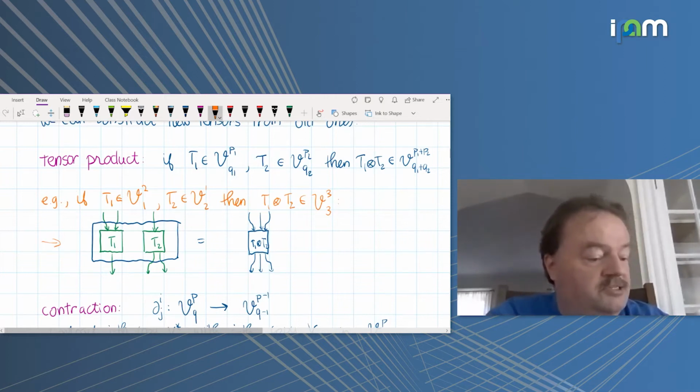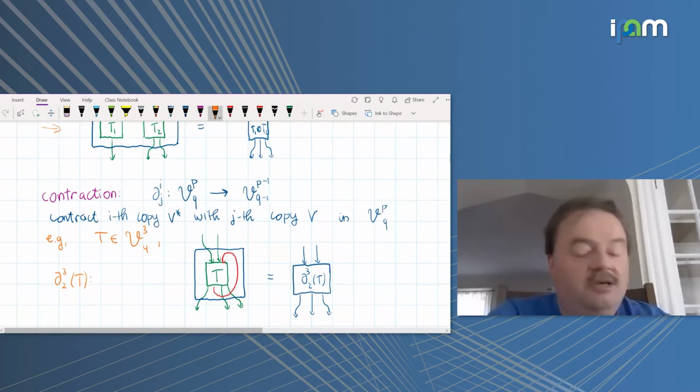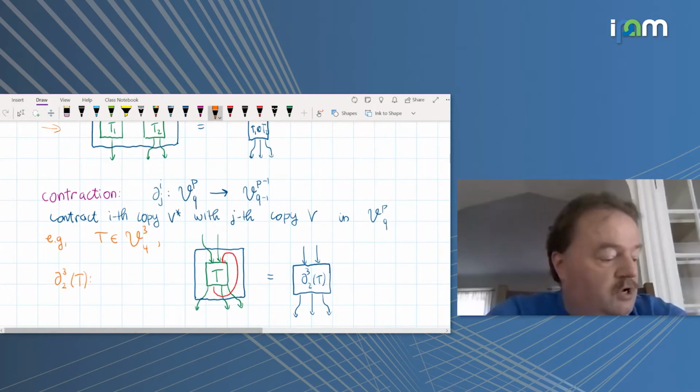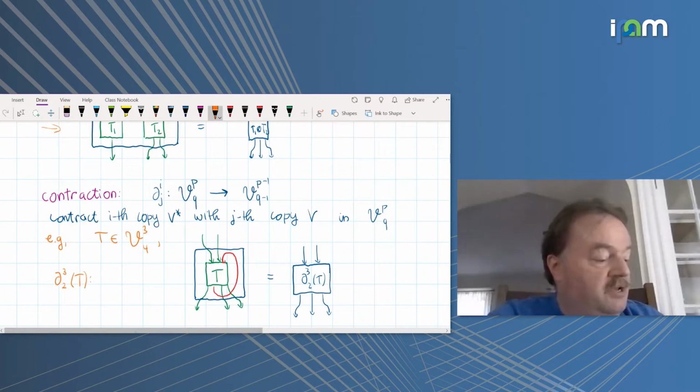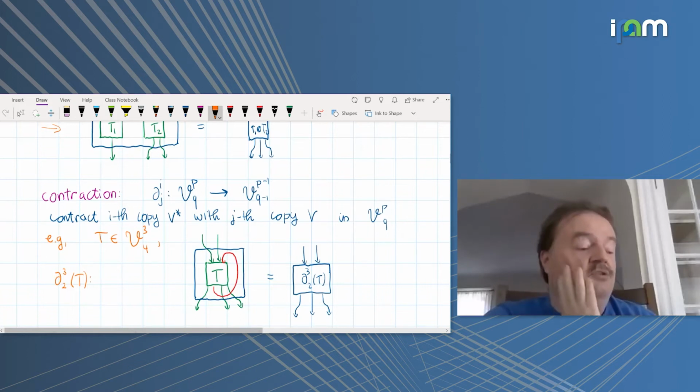And the other thing is we can do contractions. If I have a tensor, right, there's a natural pairing between V and its dual space. So if I take one output of a tensor, then I can contract that output, so to speak, with one input. And so if I had P inputs and Q outputs, then after the contraction, I will have P minus 1 inputs and Q minus 1 outputs.